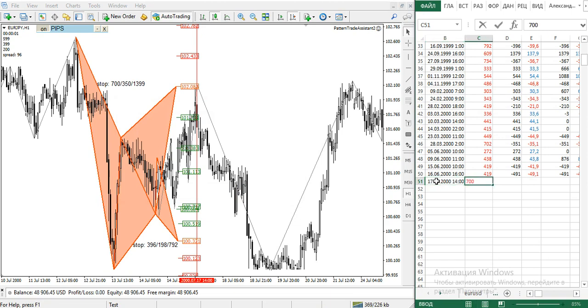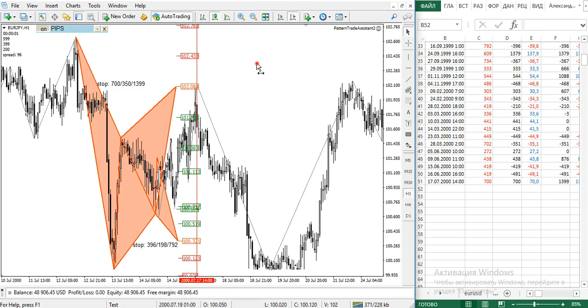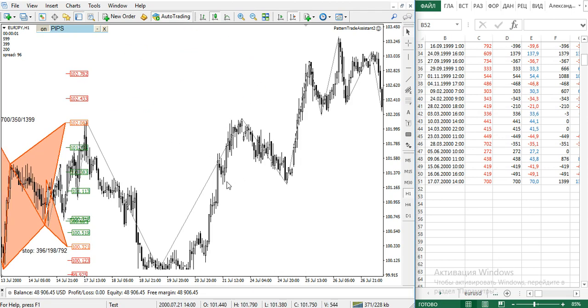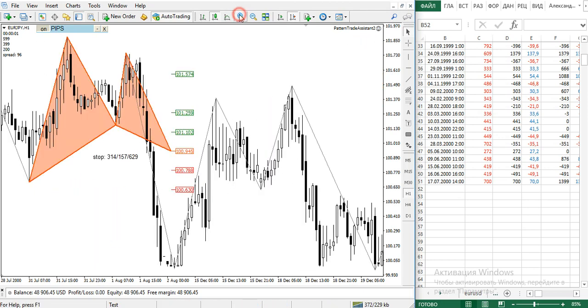Initial risk was 70 pips, then we won 70 pips, and for the second target 113.99. So you can see it was touch and reverse, and the bull pattern of course was invalidated because it moved to the upside. After that we have a losing pattern.